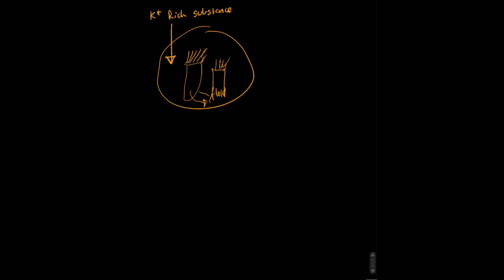Now, because of this, you'll be able to see a polarization and a depolarization in the cell. When potassium flows into the cell, you're going to get a depolarization, which will help trigger the release of neurotransmitters, which will help create action potentials.